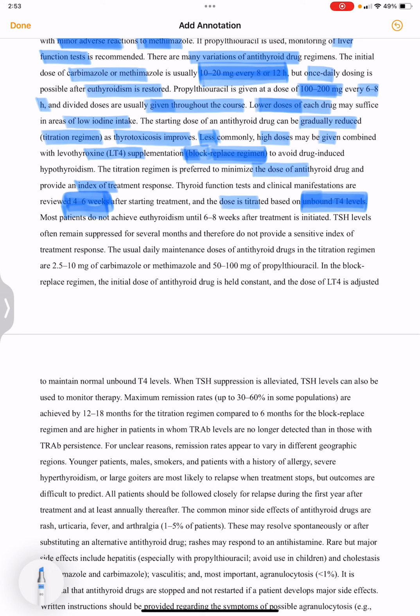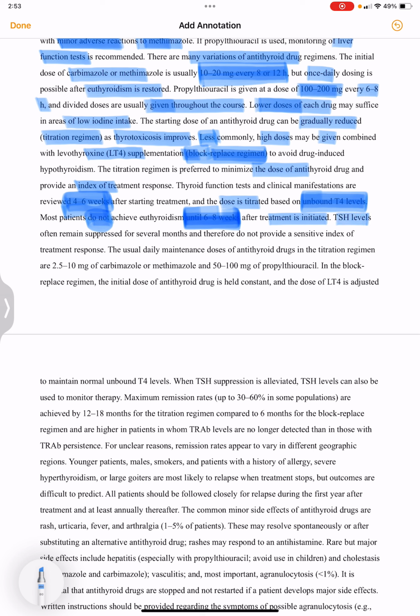Most patients do not achieve euthyroidism until 6 to 8 weeks after treatment is initiated.